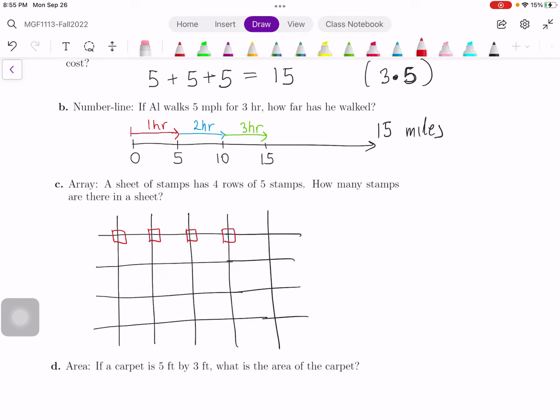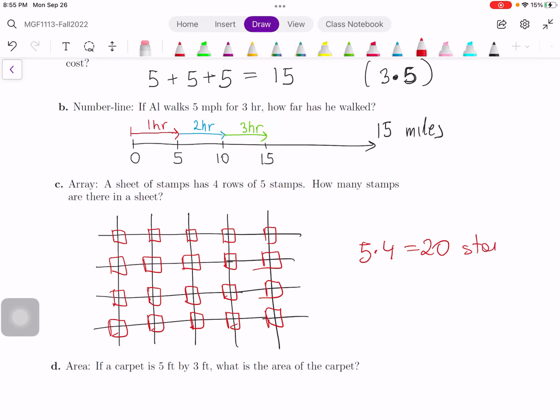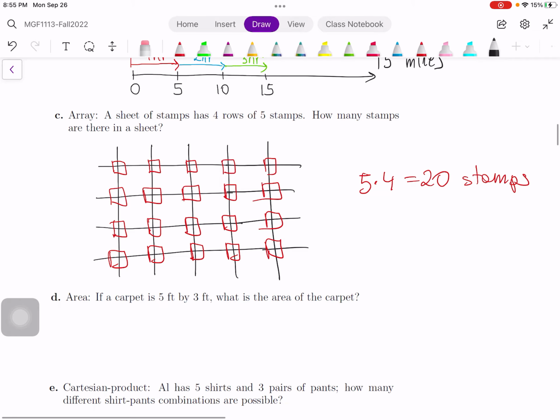So we have 4 rows with 5 columns of stamps. This represents 5 times 4, which is 20. We have 20 stamps. So 5 columns of 4 rows, or 4 times 5, either way is fine.